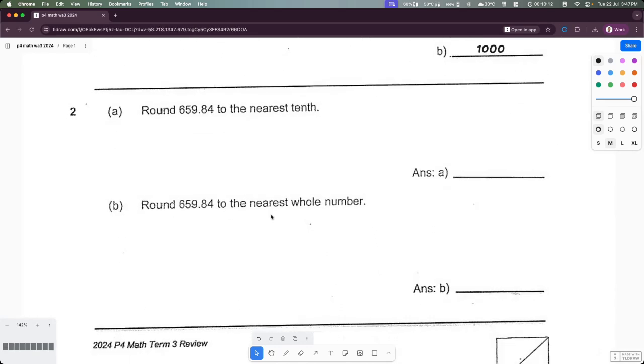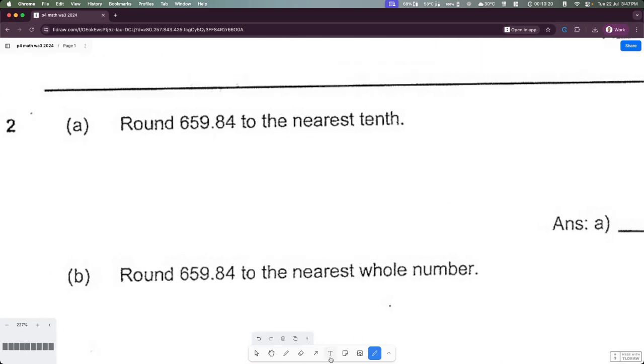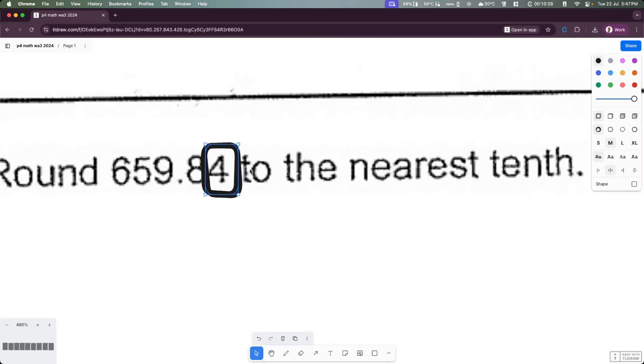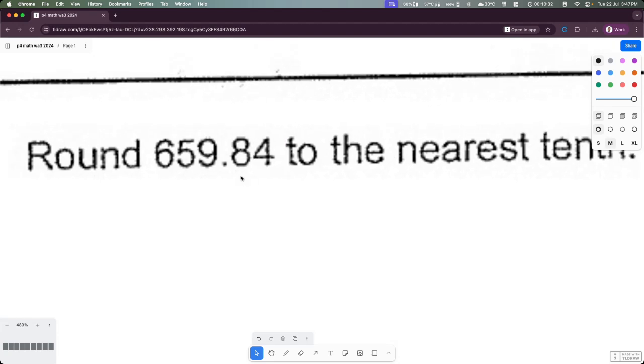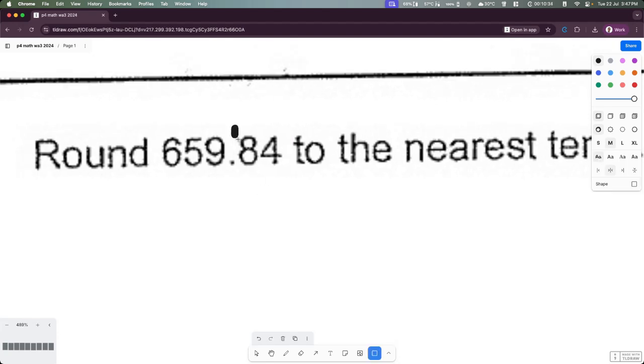Question 2. Round 659.84 to the nearest tenth. One thing that I've noticed my students do is that they think the tenth is actually 4. But if you remember closely, the tenth is not 4, it's actually 8.